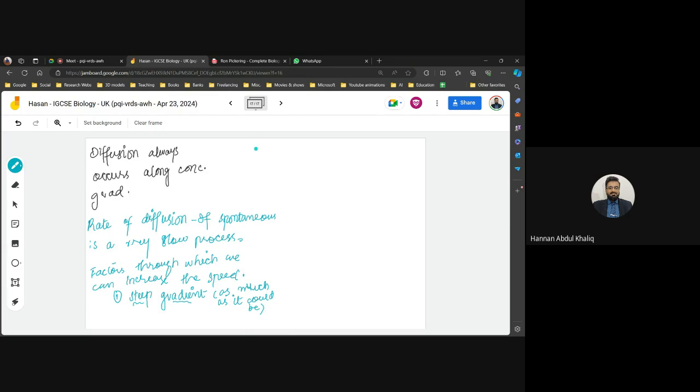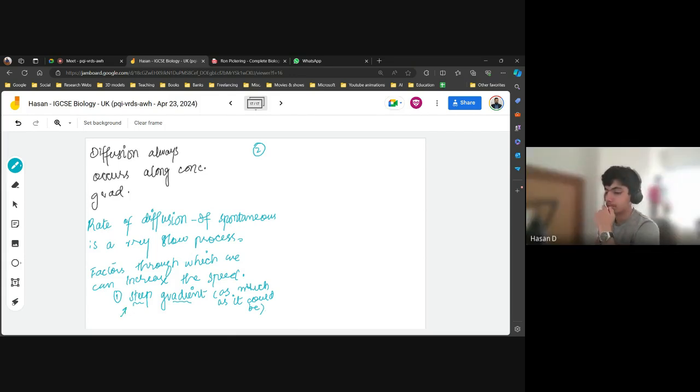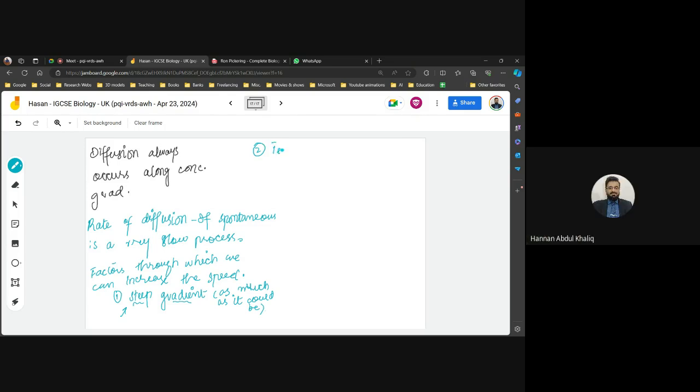The second factor, do you need explanation about the steeper gradient? No. Okay. Second factor through which we can increase the speed of diffusion is the temperature. Why the temperature?